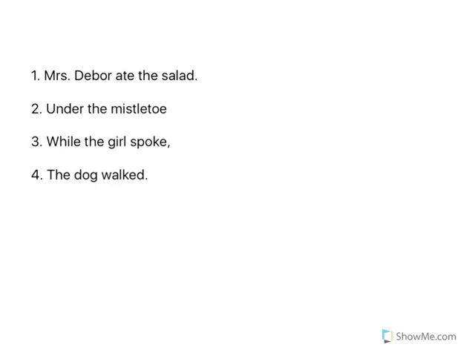Mrs. DeBoer ate the salad. Well, we see that there's an action being completed, so there is definitely a verb, ate. And there's action being completed by someone, Mrs. DeBoer. So we know there's both a subject and a verb, so number 1 is going to be a clause.